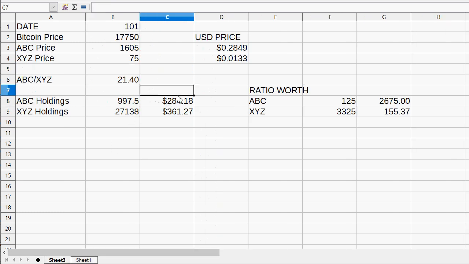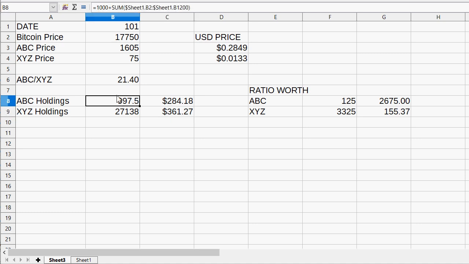But this is where you say to yourself, you know what, I'm just going to buy some more. So let's just assume, the ratio is 21.40, you bought, let's say, 300 more of these. I'm just going to put plus 300 on here because I know I would own that.